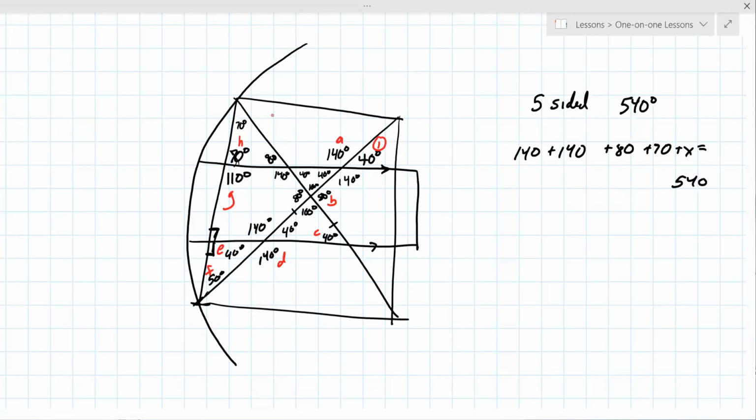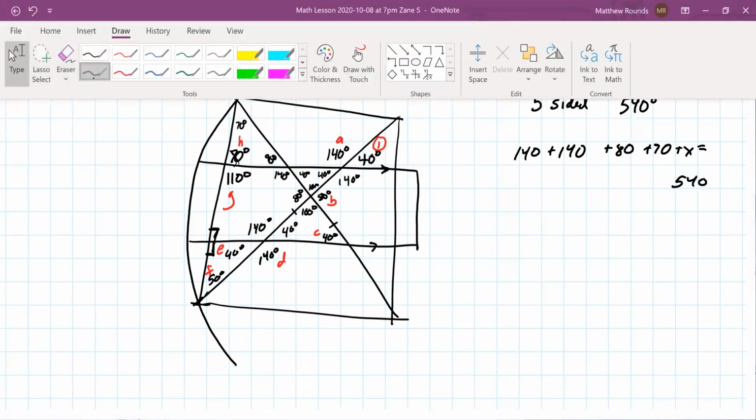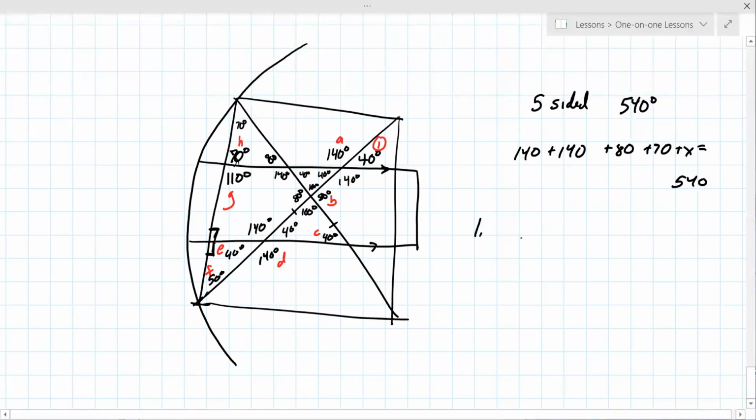Okay. So I guess the point is that there's really three things that we did in this. We know that when angles are supplementary, they add up to 180. We know that three angles in a triangle have to also add up to 180.